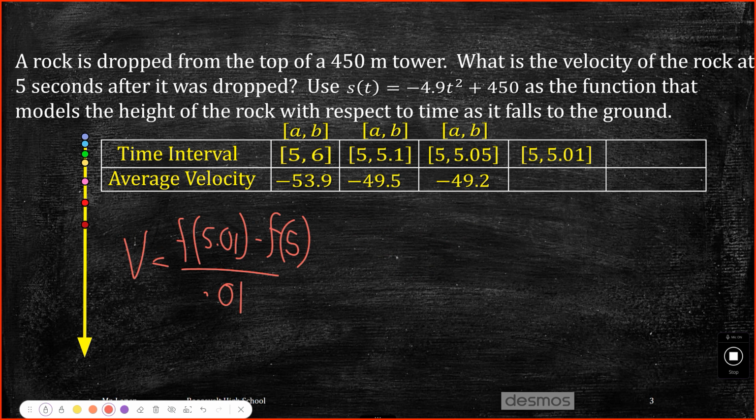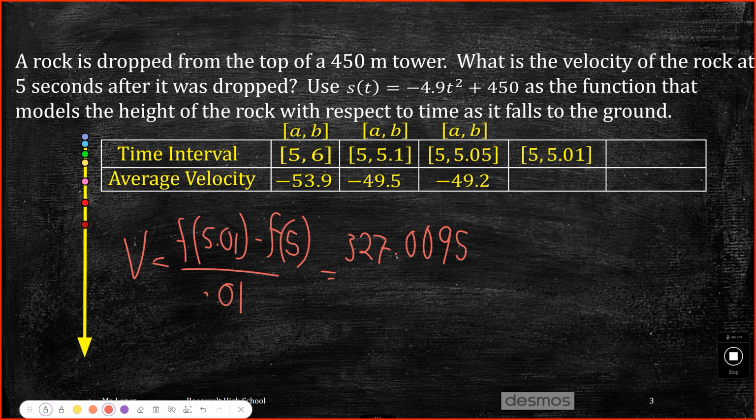So 5.01. I'm getting 327. So let me do this. 327.0095.